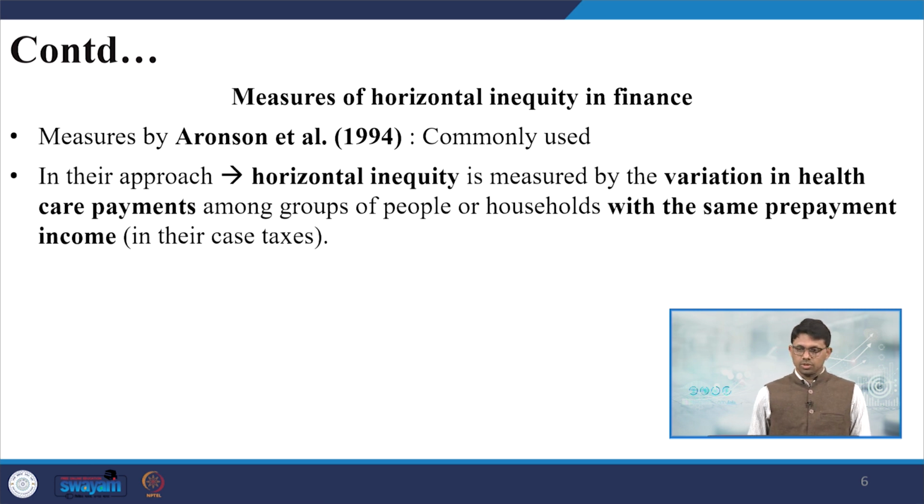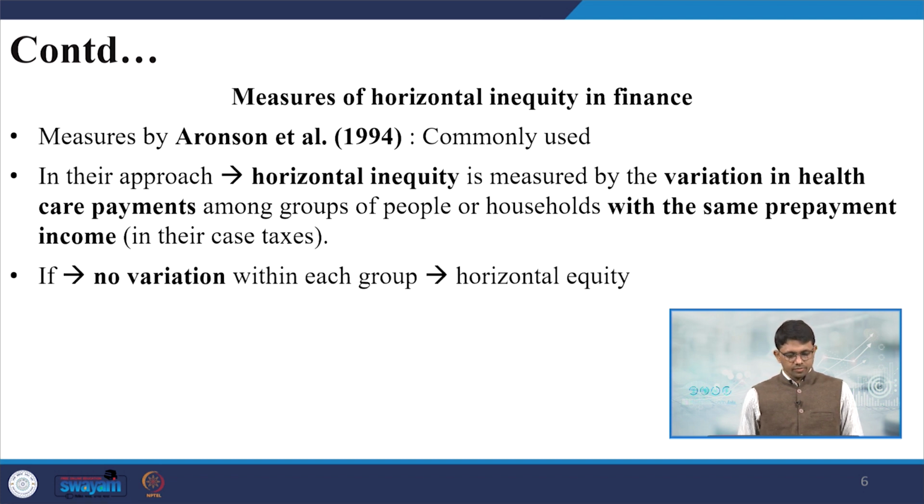Horizontal inequity is measured by the variation in healthcare payments among groups of people or households with the same prepayment income or ability to pay level.